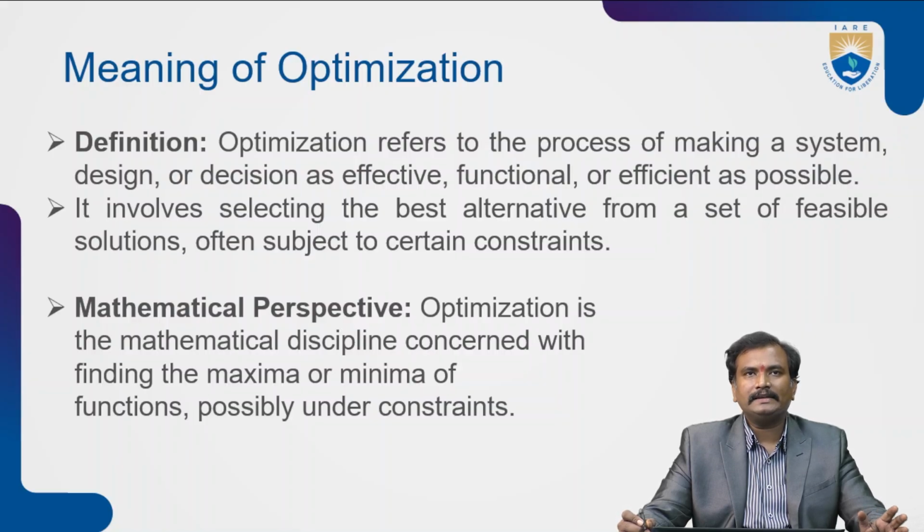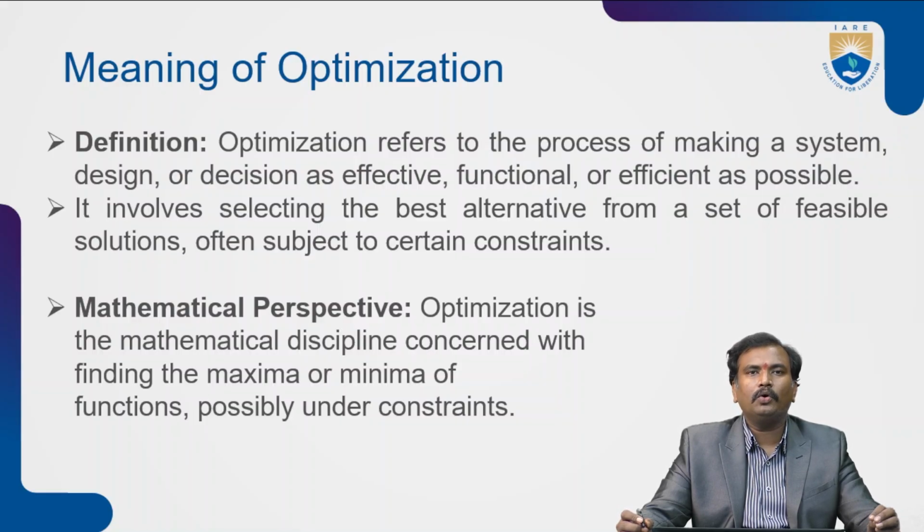So the exact definition: optimization refers to the process of making a system design or decision as effective, functional, or efficient as possible. It involves the best alternative from a set of feasible solutions, often subject to certain constraints.